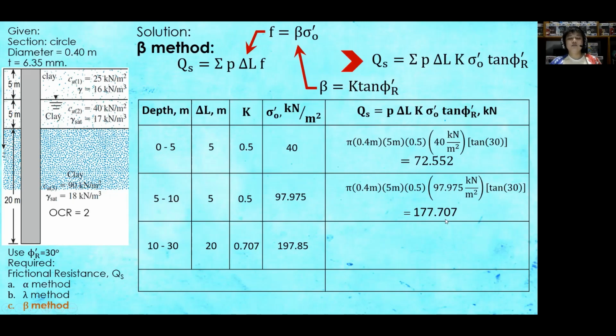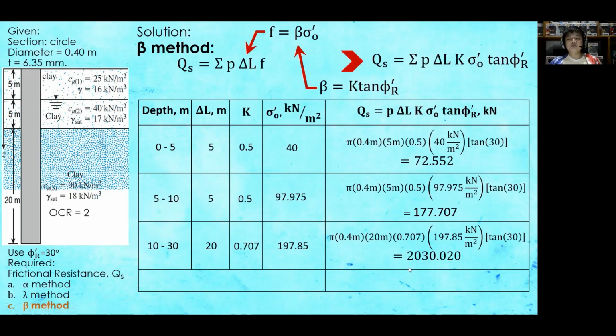Thus, the value of the QS for the second component is 177.707 kilonewtons. And for the last segment, that is from 10 to 30, the perimeter is pi times diameter 0.4 meter, multiplied to the segment length, that is 20 meters, times K of 0.707, then times sigma O prime of 197.85. Then multiply it to the tangent of phi prime r, which is 30 degrees.